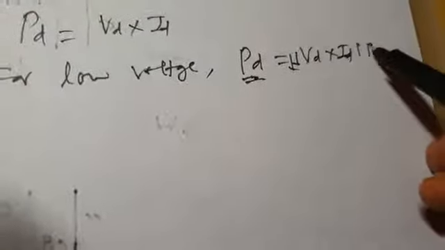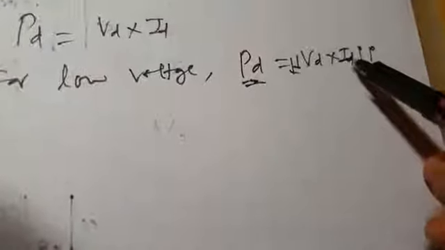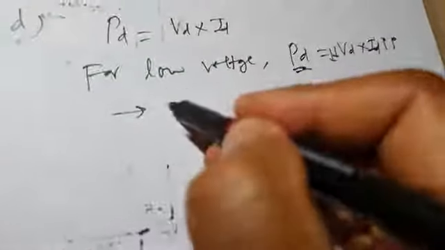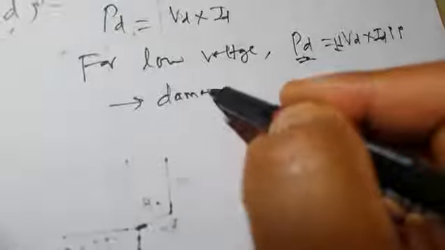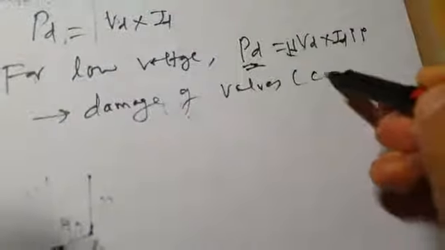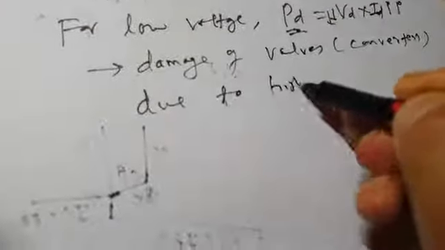If ID is increased by a large percentage, then this ID has to flow through the line and through the converter valves, and it will result in instant damage of converter valves. So damage of valves, that means damage of converters, due to high ID.